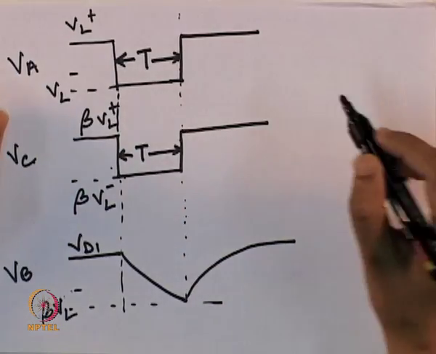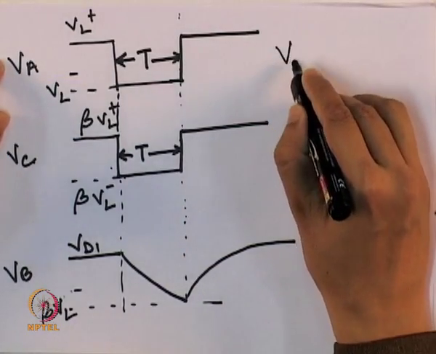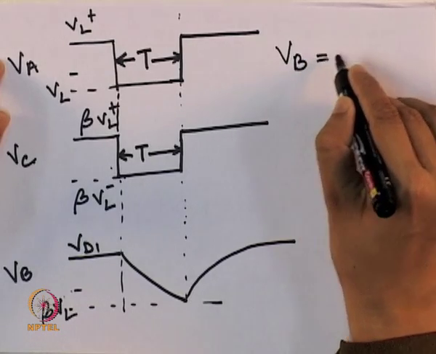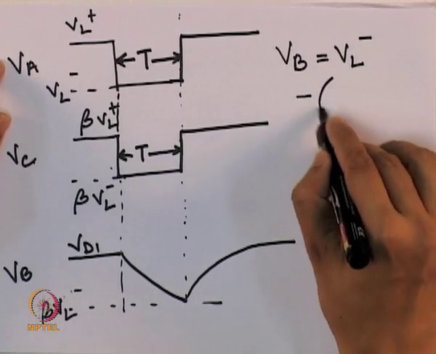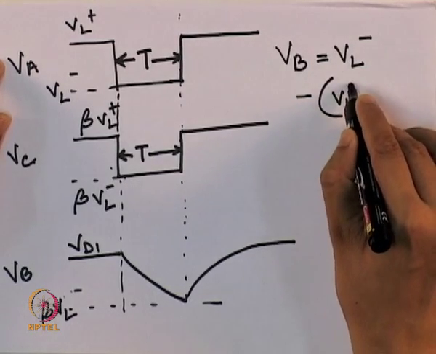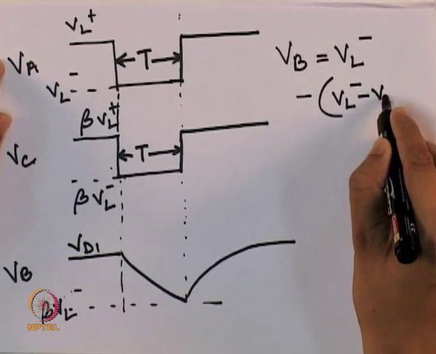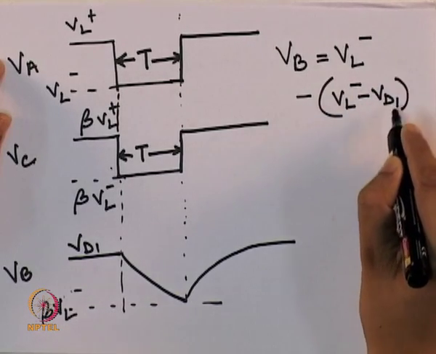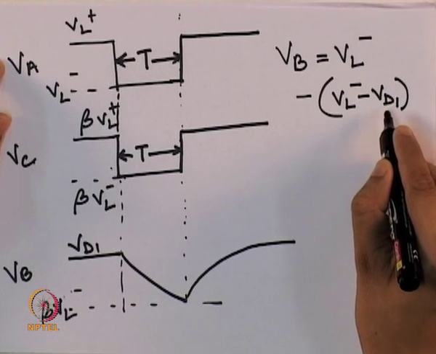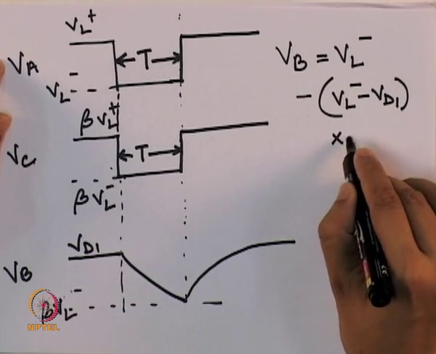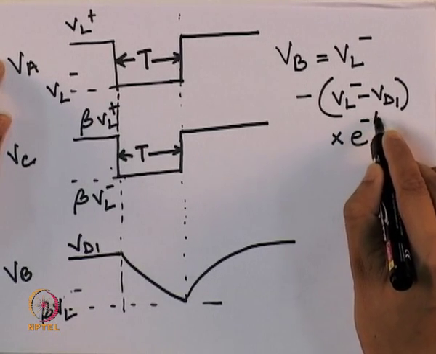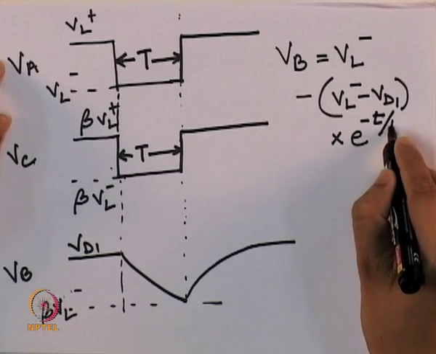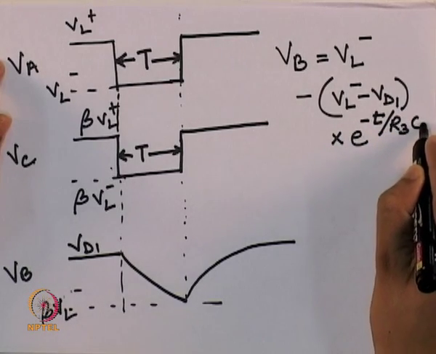Then I can write VB as being equal to VL minus, minus VD1, since VD1 was the initial voltage, multiplied by e raised to minus t upon R3 C1.